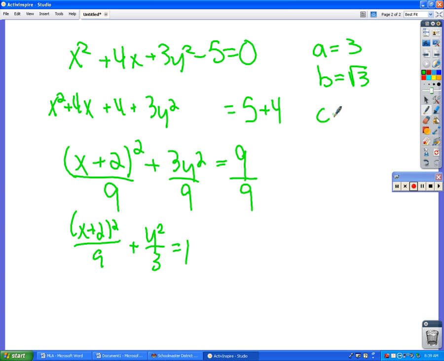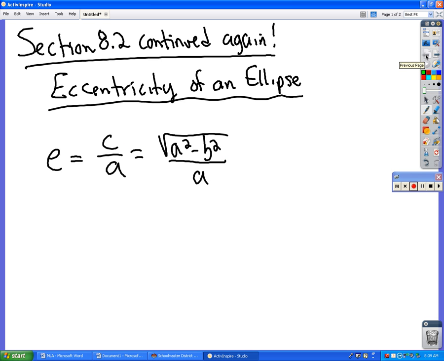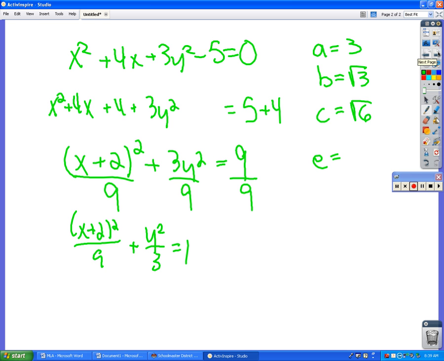And c, a squared equals b squared plus c squared. So if you subtract the a squared and the b squared, 9 minus 3 is 6. Take the square root of that, c is the square root of 6. And then our new idea, the eccentricity, is c over a. So square root of 6 divided by 3.